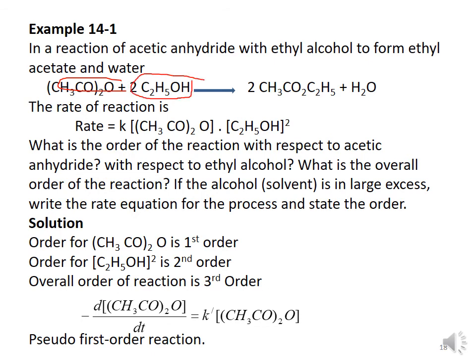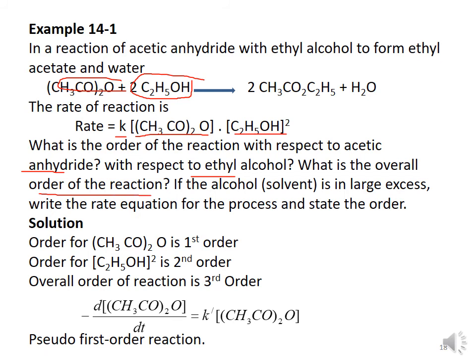The rate of the reaction equals the reaction rate constant multiplied by the concentration of acetic anhydride multiplied by the concentration of ethyl alcohol to the power 2. So what is the order of the reaction with respect to acetic anhydride, with respect to ethyl alcohol, and the overall order of the reaction?